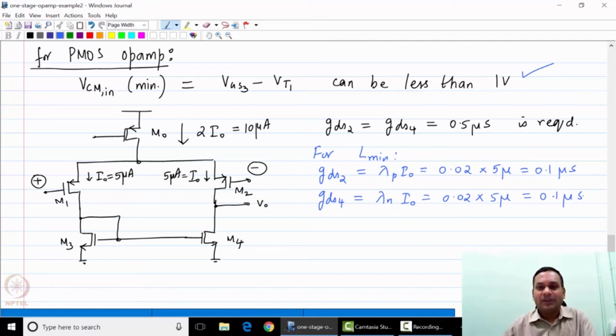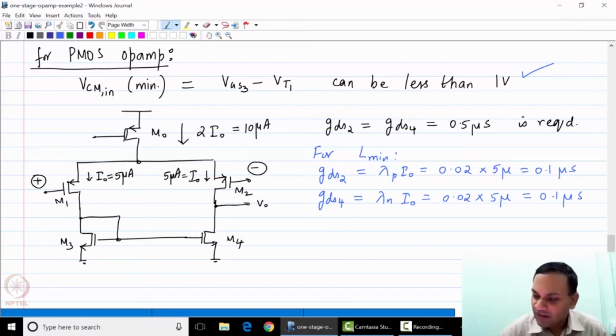It is clear that in this particular case, L-min already gives you a larger value of RDS2 and a smaller value of GDS2 and GDS4 than is required. So clearly, GDS2 of 0.1 microsiemen and GDS4 of 0.1 microsiemen is more than enough.